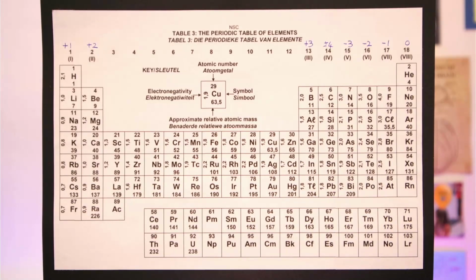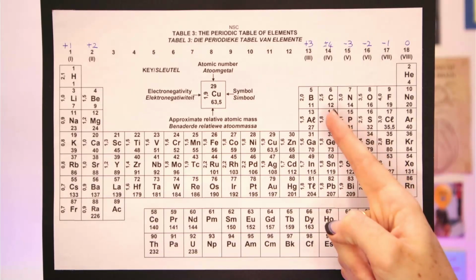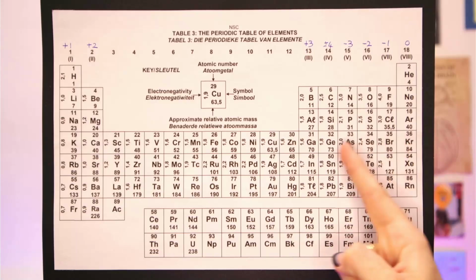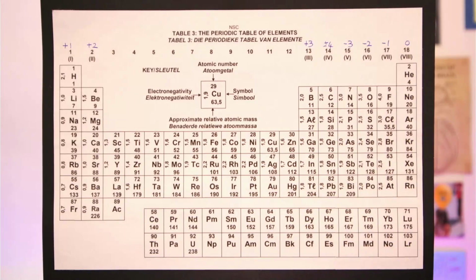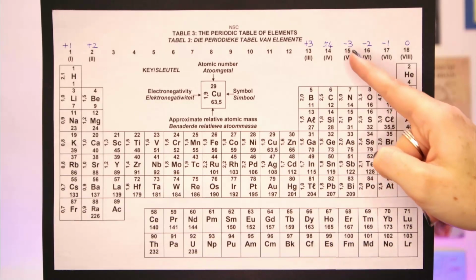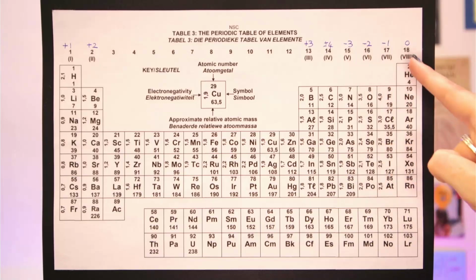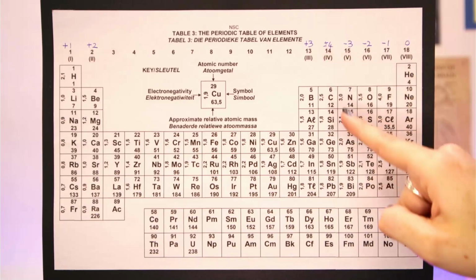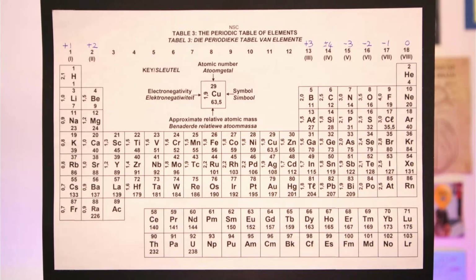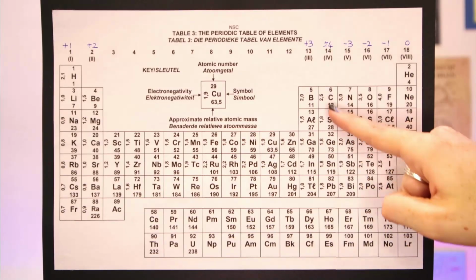Now, nonmetals tend to gain electrons to form negatively charged ions. And our nonmetals tend to be on the right-hand side of the periodic table, where the groups have more negative charges or valencies. Now, you might have noticed that in group 4, we've got a charge or valency of ±4. And whether you use plus or -4 depends on which element you are dealing with in group 4.